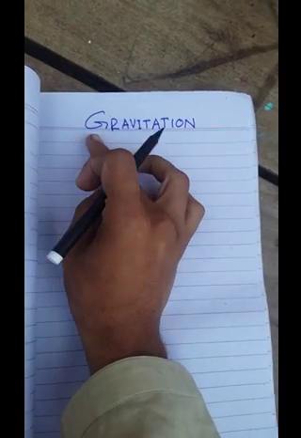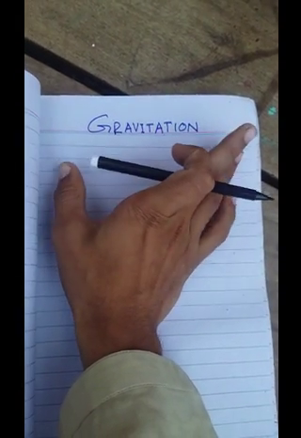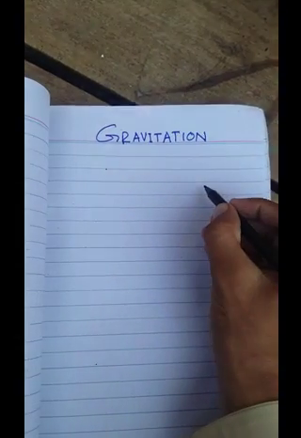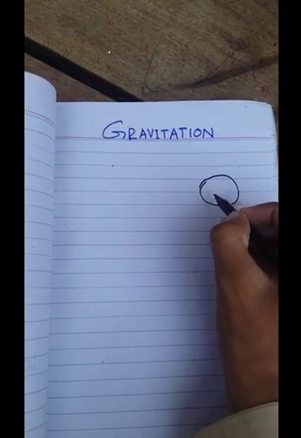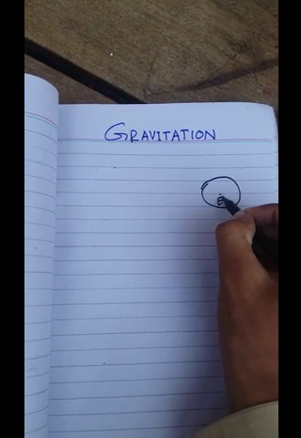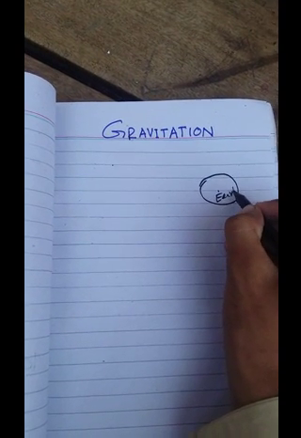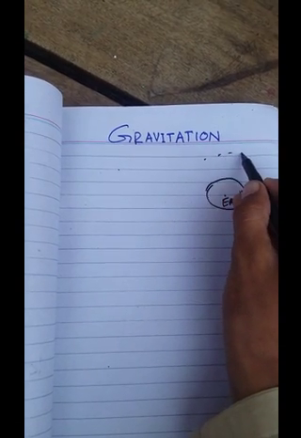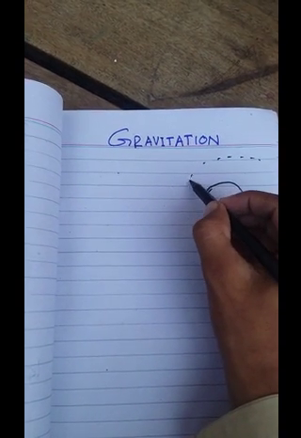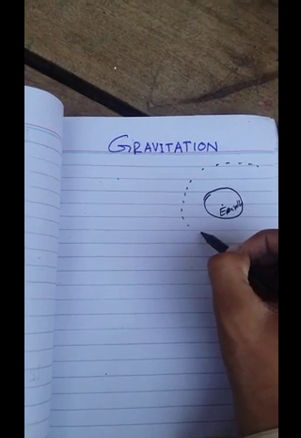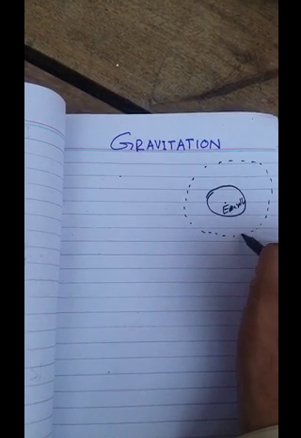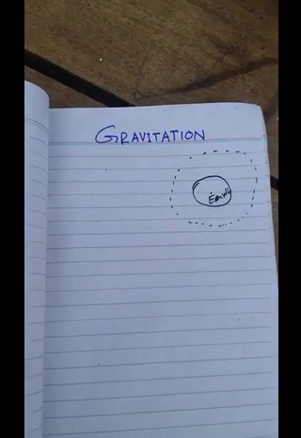Gravitation. It is the intrinsic property of nature that in Earth's gravitational field, every body, every object attracts every other object by some force called gravitational force.